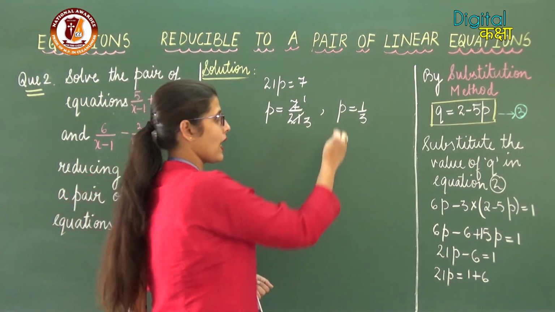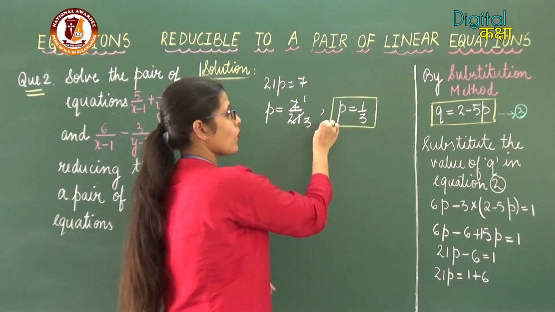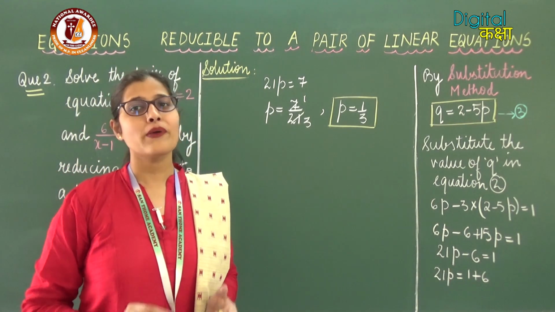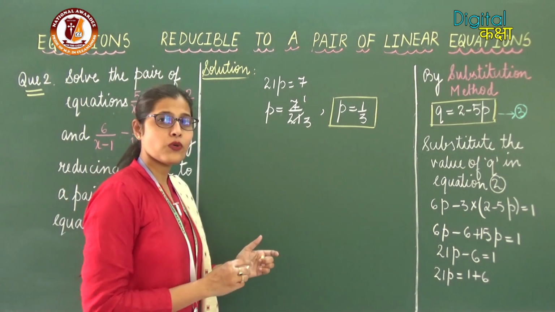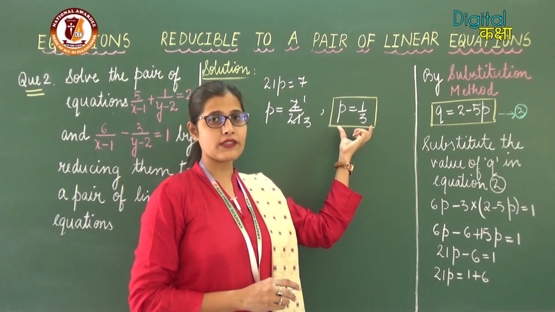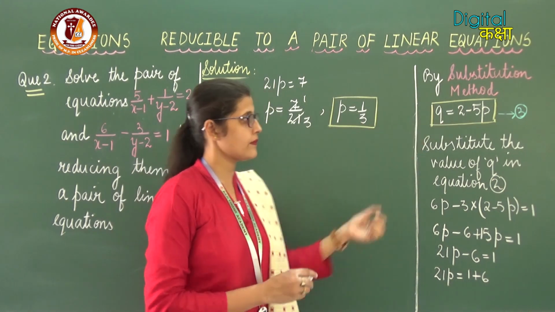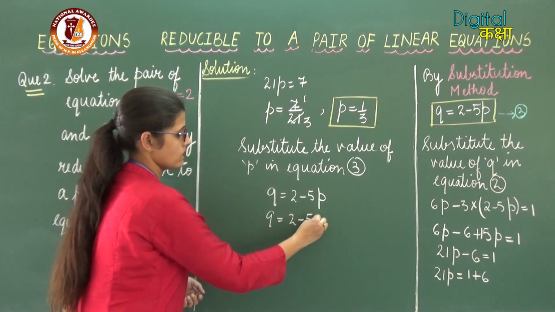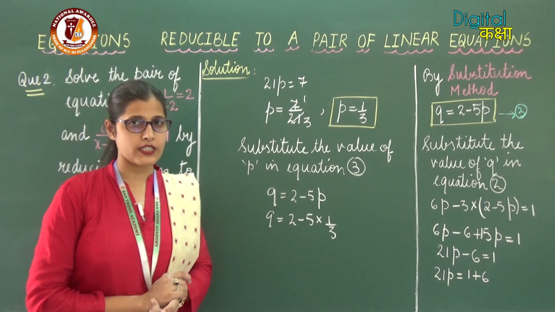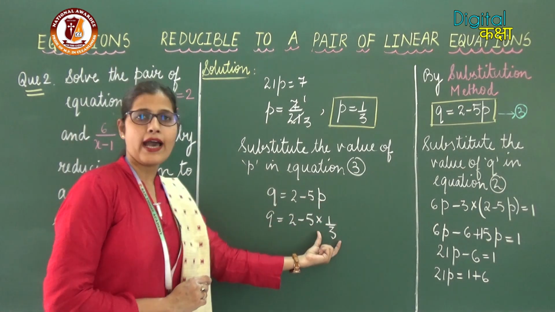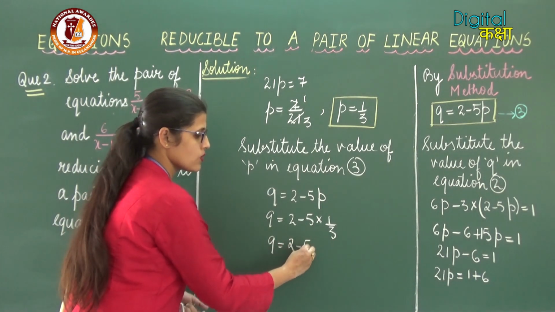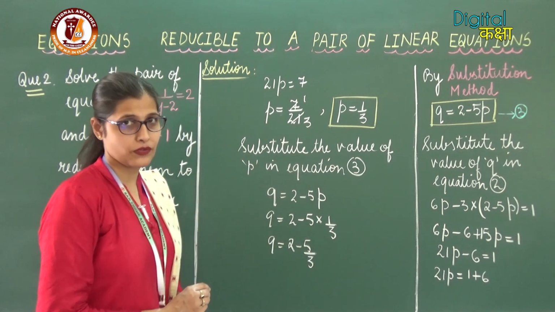After getting the value of p as 1 upon 3, we will be finding the value of variable q. So, we will be substituting the value of p as 1 by 3 in equation 3. On substituting the value of p as 1 by 3, we will be getting q equals to 2 minus 5 upon 3.